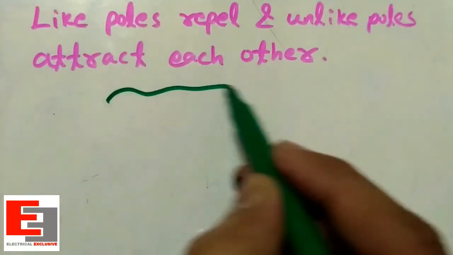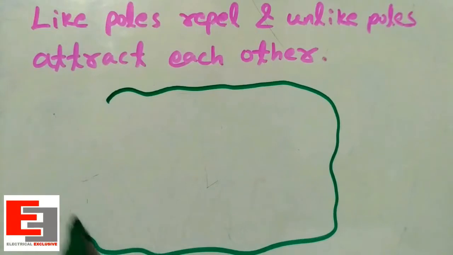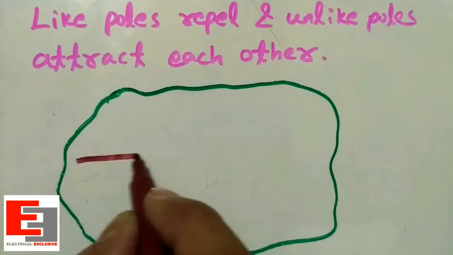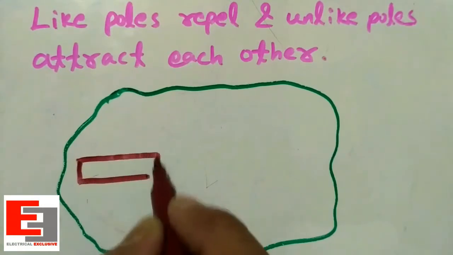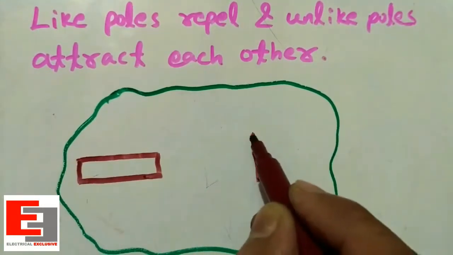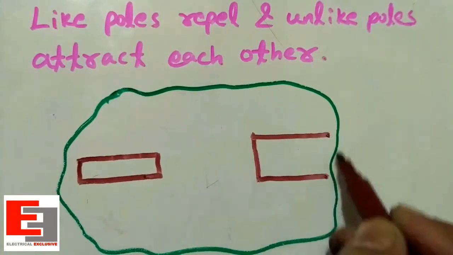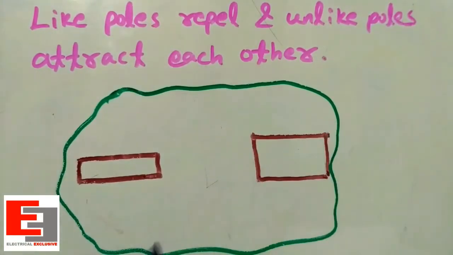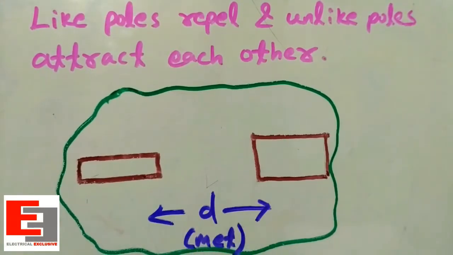This is a medium in which we shall place two magnets. This is the first magnet and this is the second magnet. These two magnets are placed at a distance d from each other. d is in meter.